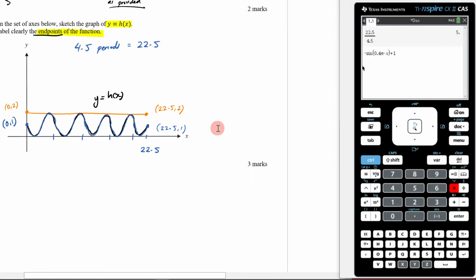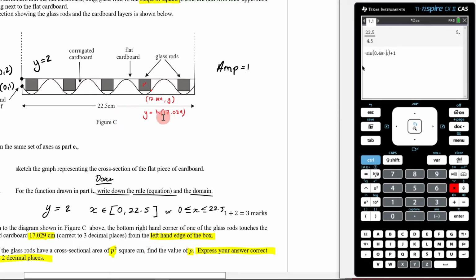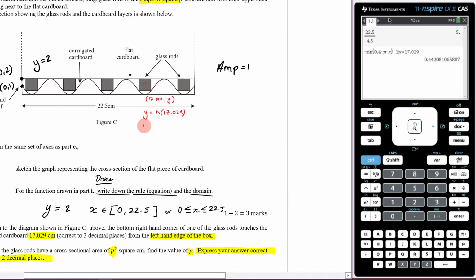Okay, and then once we've done that, I now need to sub in 17.029. I could define this and do all of that, or I can just let x be equal to 17.029. We hit enter. That's going to be my answer, 0.442081. So that means y is equal to 0.44208... Now, I don't want to round it off yet.